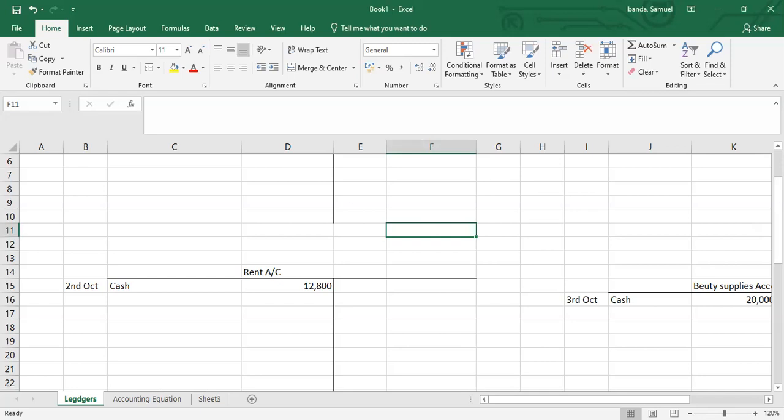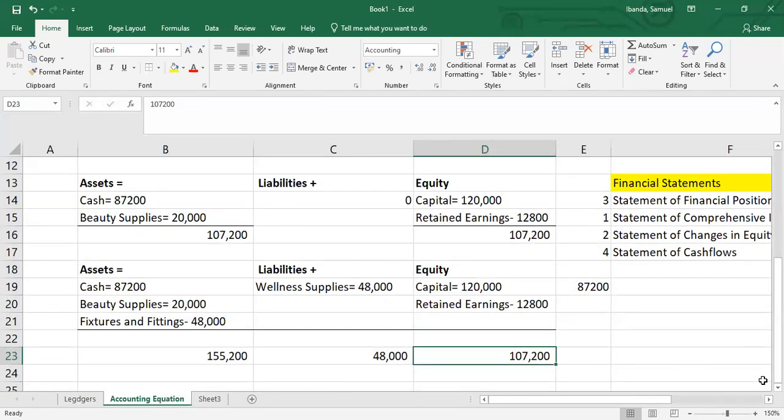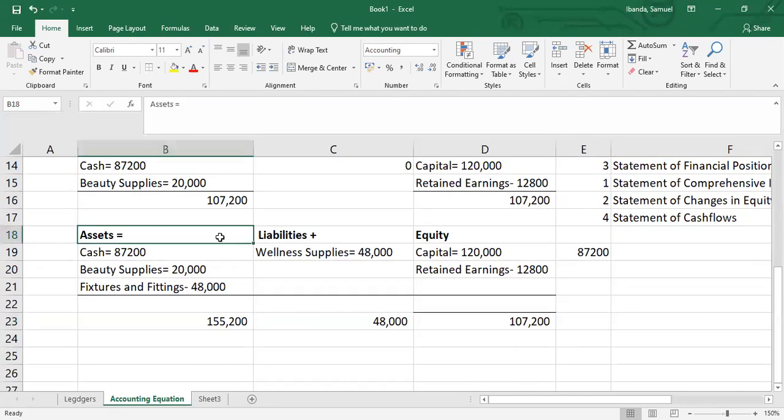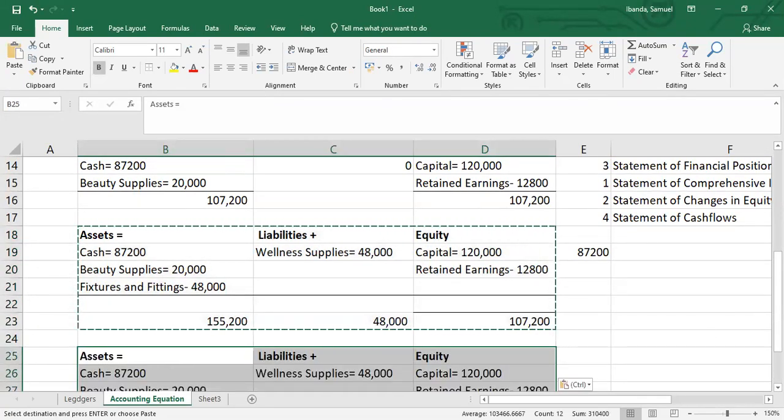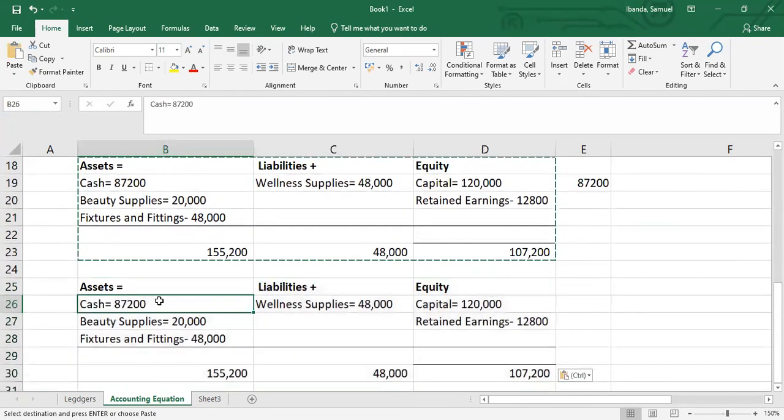Now, after we've recorded our wages there, we can come to our accounting equation and do the same thing. I've just copied everything, but I'm going to make adjustments. Question, does it affect my cash?